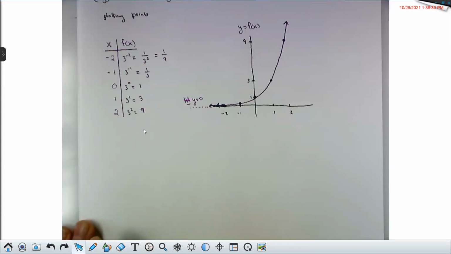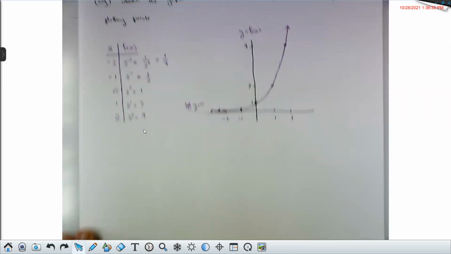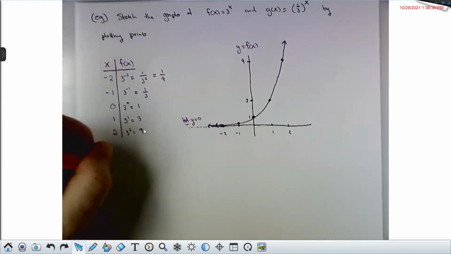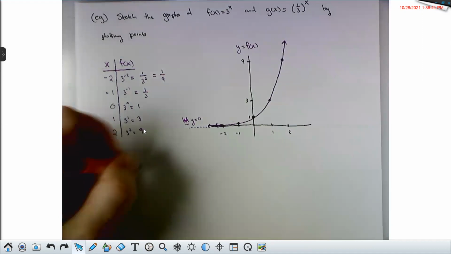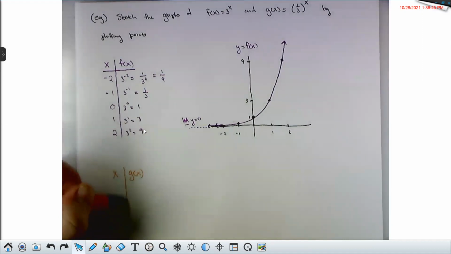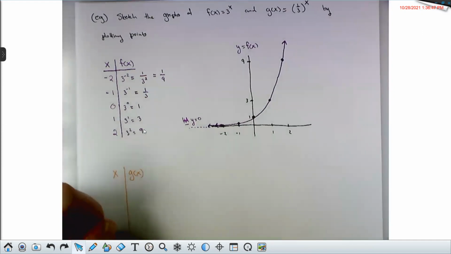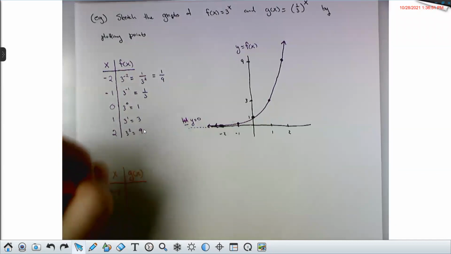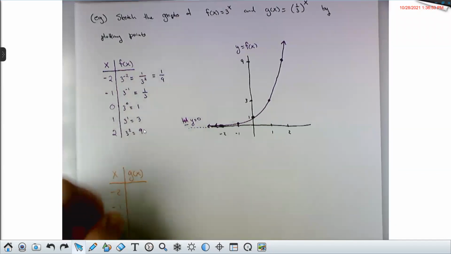I'm going to use a different color for the next one. So next we're going to graph g of x, which is 1/3 to the x. Same business, plotting points. And I'll use the same inputs, -2, -1, 0, 1, and 2.